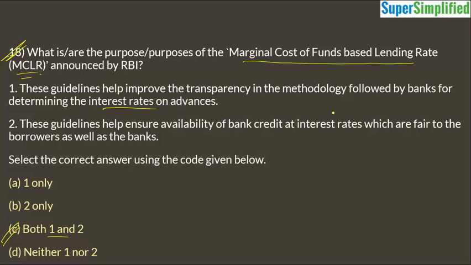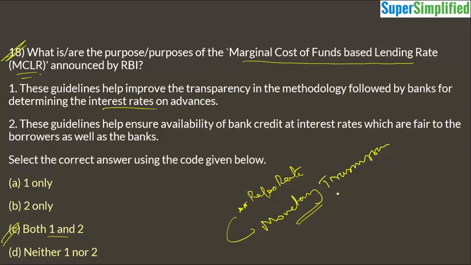So what is MCLR basically? What was happening in the recent past during the Raghuram Rajan regime was that he had decreased the repo rate 2-3 times, but that was not resulting in the interest rate cut by the banks, right? So we can say that the monetary transmission was not happening. Though the RBI was cutting the repo rate, the banks were not in turn cutting the interest rate for its customers. So why does RBI cut the repo rate?